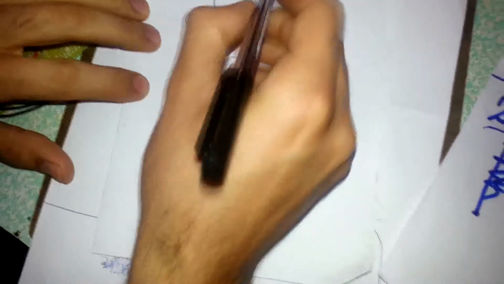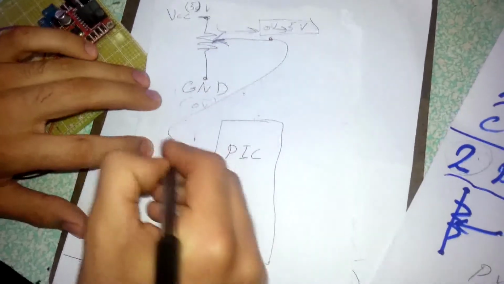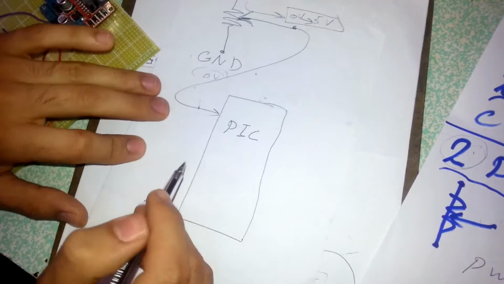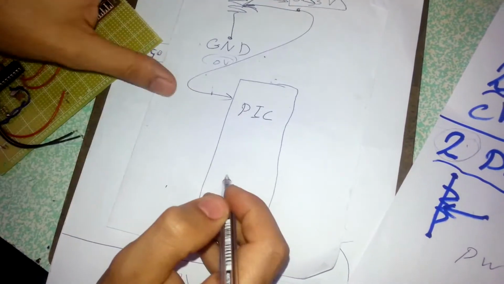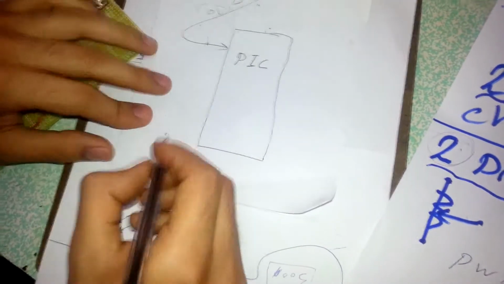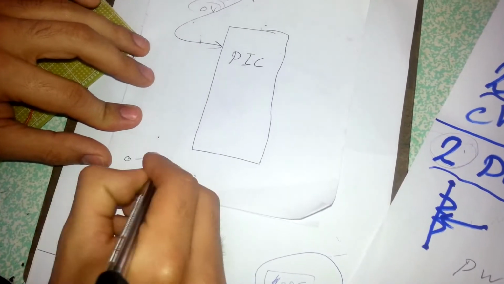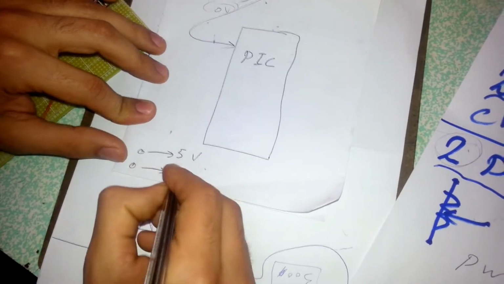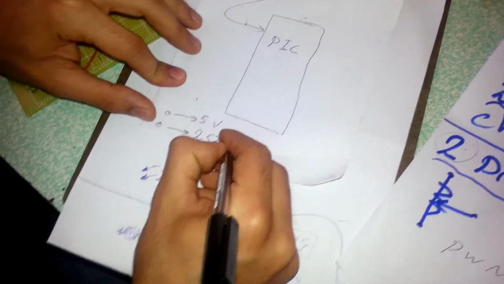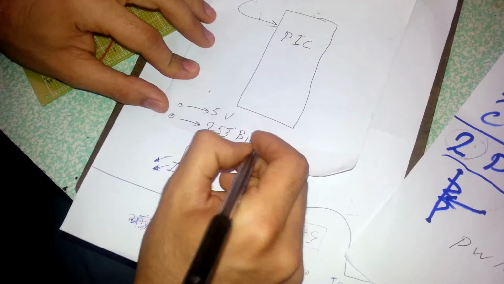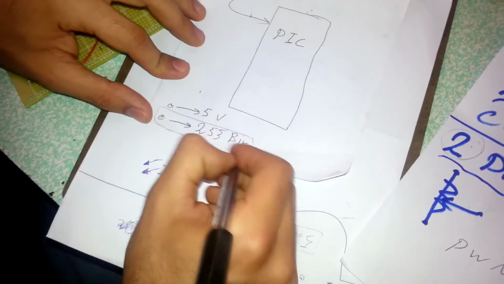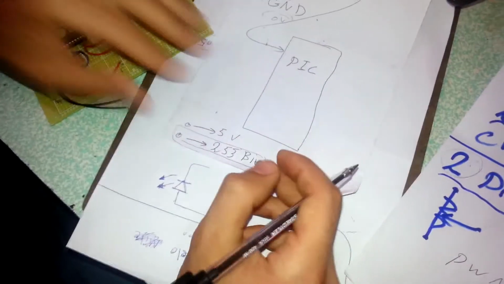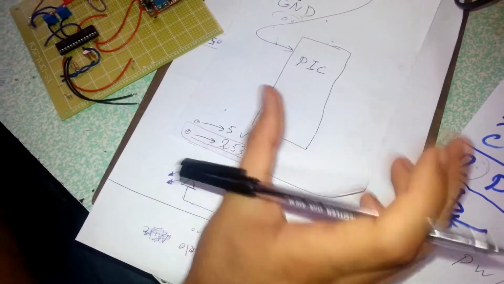Here's the PIC. Okay. This signal will go directly to the PIC. Inside the PIC, in the program, we convert the 0 to 5 volt to 0 to 255 bits, so we can get more stages of pulse width.